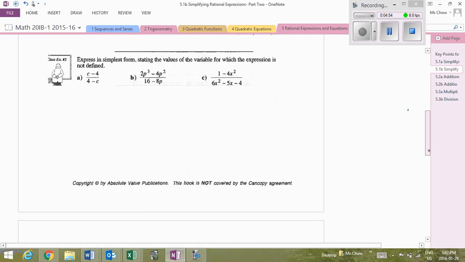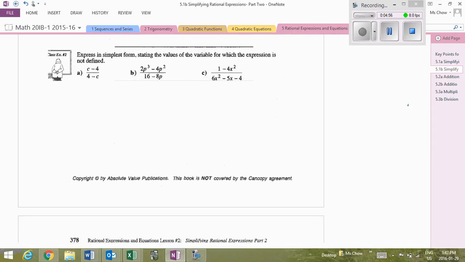Okay, let's take a look at class example number 2. The key thing right here is, and I know we've had lots of talks about ascending order versus descending order, remember that if I have, for example, x minus 3, and I factor out a -1, that is the same as negative x plus 3.